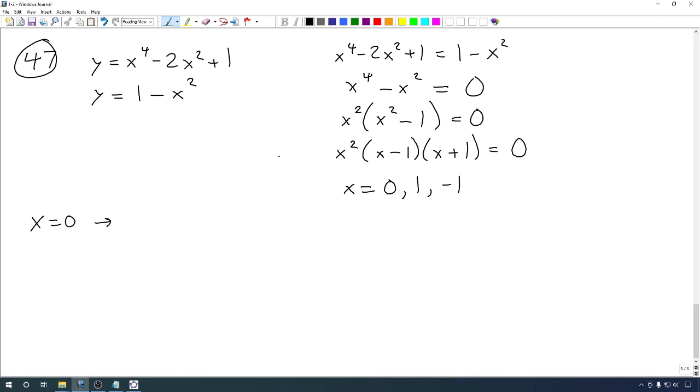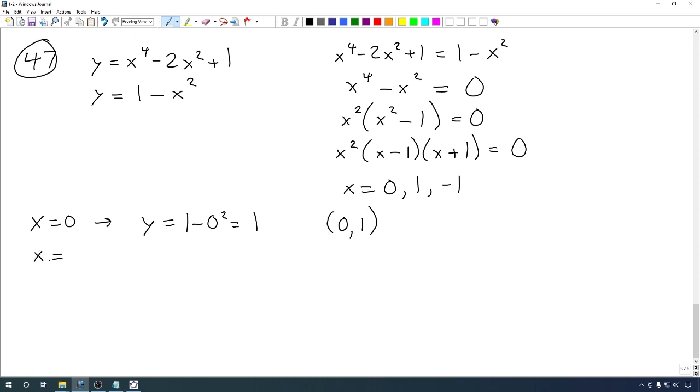But if I plug it into either one of these, I should get the same answer. And it might be helpful to check your work by plugging it into both of them, just to be sure. So I have y is equal to 1 minus 0 squared, or 1. So you have the point 0, 1.